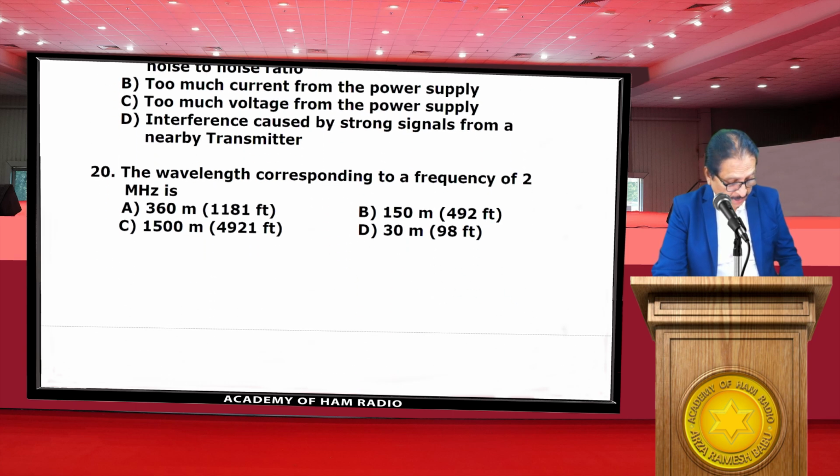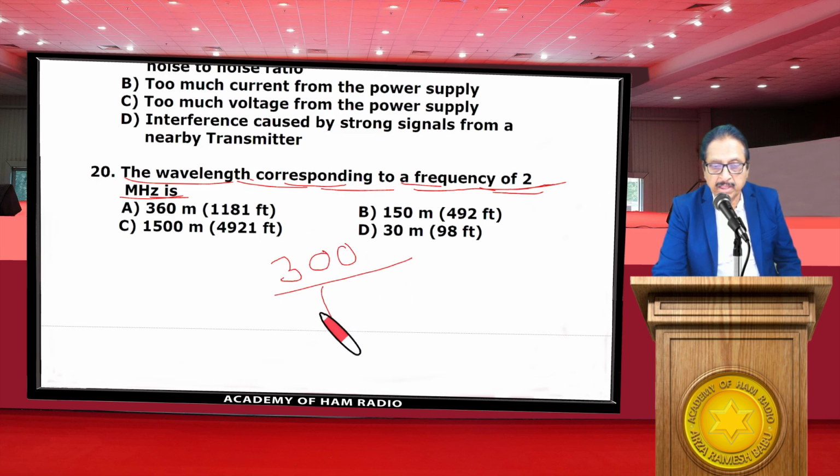Question number 20. The wavelength corresponding to a frequency of 2 megahertz is, you can easily calculate. It is a constant, 300 divided by frequency in megahertz.